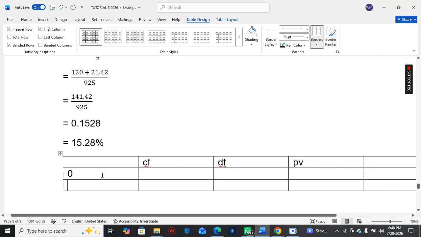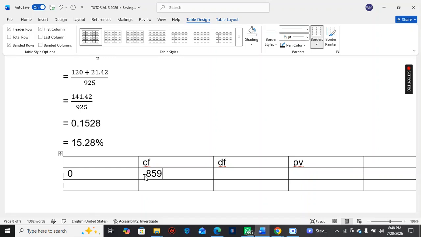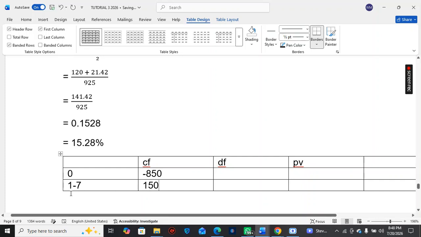In year zero, you put the market price of the bond. Assuming that you're buying this bond, you put negative 850. Then from year one to year seven, you'll be receiving the 150 interest payments.